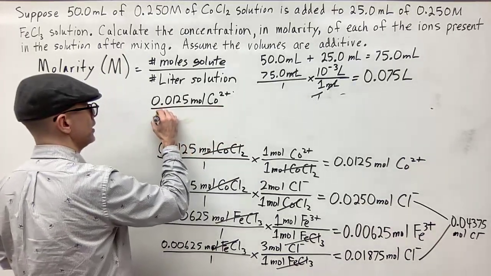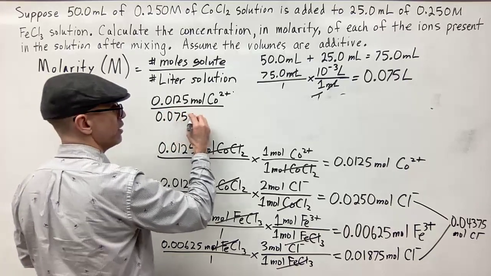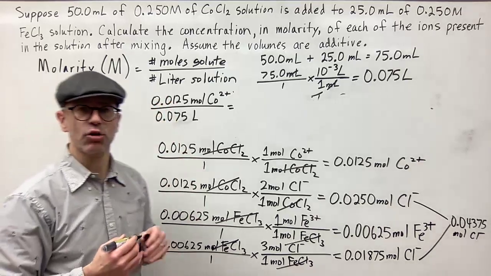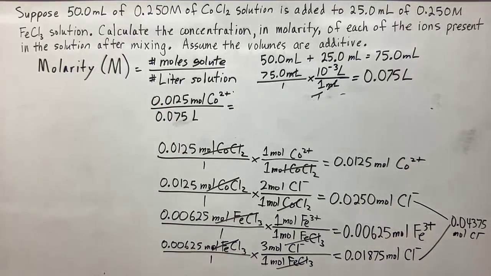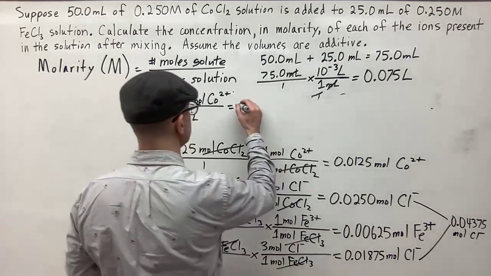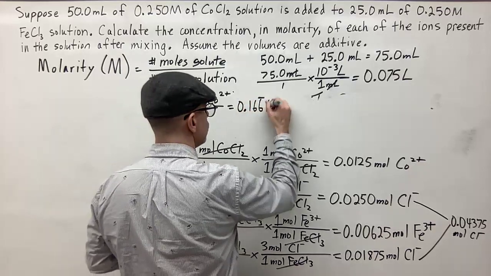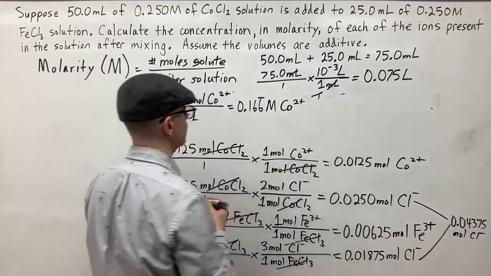So the volume in liters is 0.075 liters. And when I divide those two, I get 0.166 molar Co2 plus.